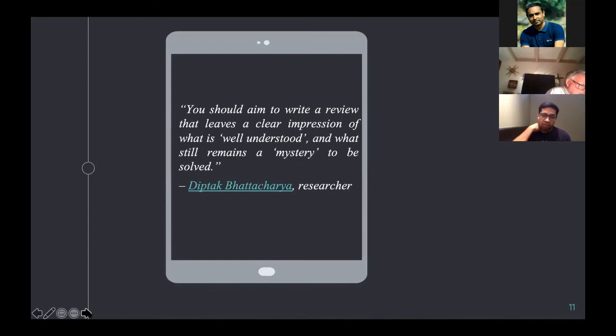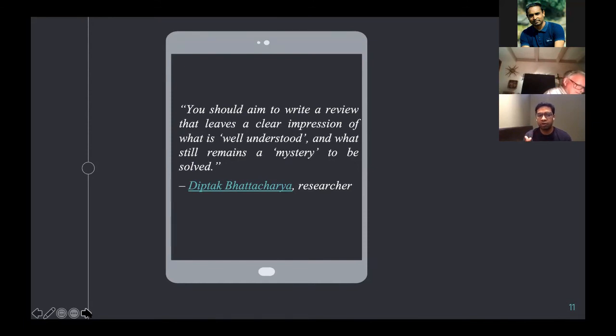There is an important quote by the researcher Deepak Bhattacharya: you should aim to write a review that leaves a clear impression of what you will understand. This is very important in writing a review paper, and still you keep some mystery to be solved for the next generation, or the people interested in working in your field.